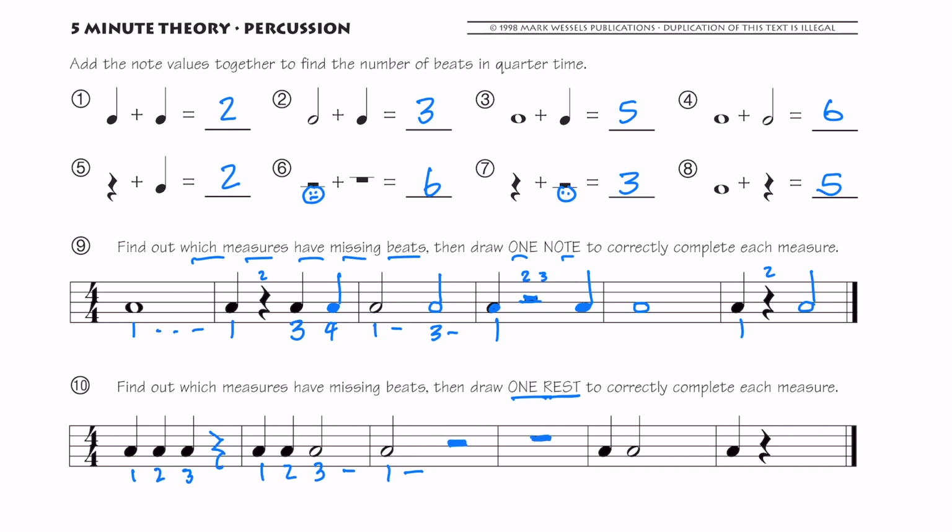Okay. We got to make sure that it doesn't take up the whole space there. 1, 2, 3. I'm missing 1 count. That would be my quarter rest, yeah? 1, 2. I'm missing 2 counts, so that would be my half rest. Okay? All right.